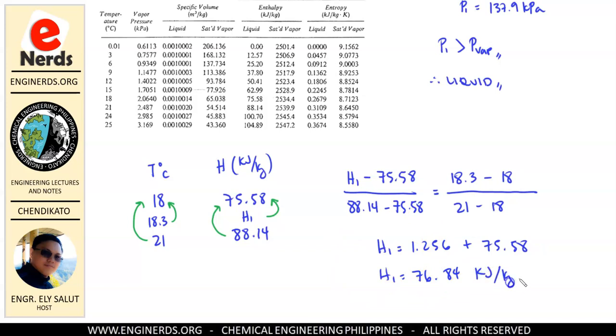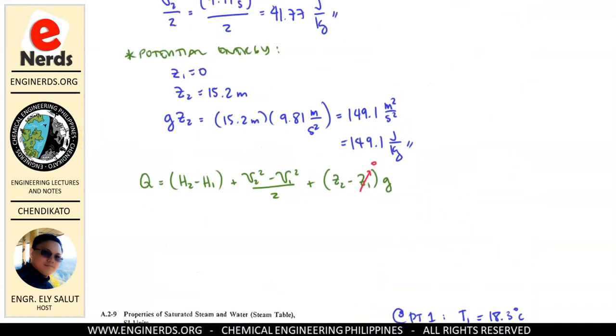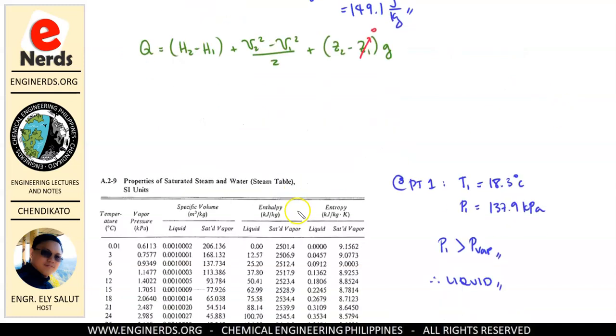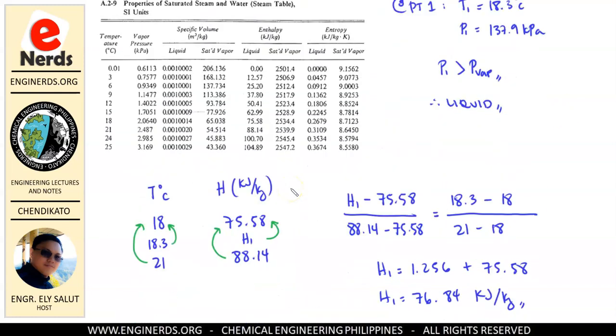Okay, so we have now the value of H1. So, let me write that here para mas madali natin ma-visualize, no? So, our H1 is equal to 76.84 kilojoule per kilogram.